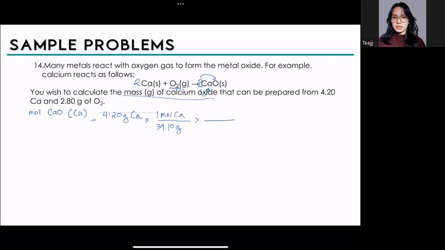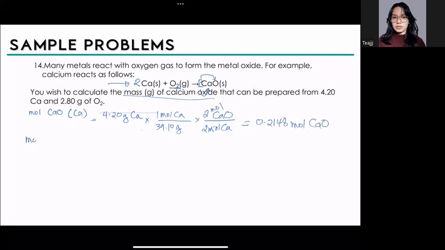Convert natin into moles of calcium oxide. So 2 moles, based on our equation, 2 moles of calcium is equivalent to 2 moles of calcium oxide. So now you'll have 4.20 divided by 39.10. So that's 0.2148 moles of calcium oxide.